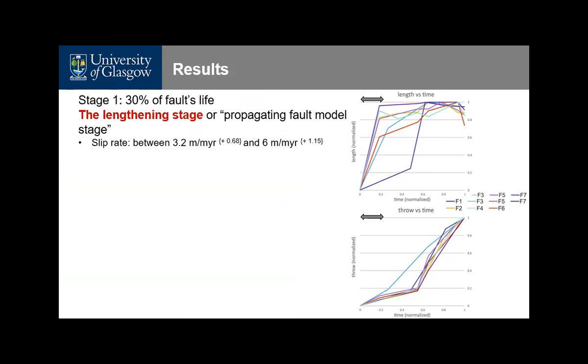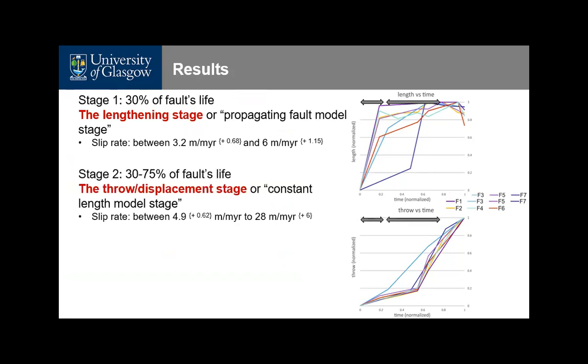So just in conclusion, at least for this case study, I'm seeing three stages of fault growth. We have that quick lengthening stage, which goes up until about the first 30% of the fault's life, and of course there is throw during that time. We have that throw/displacement stage where you're not getting very much additional lengthening, but you are accruing throw.